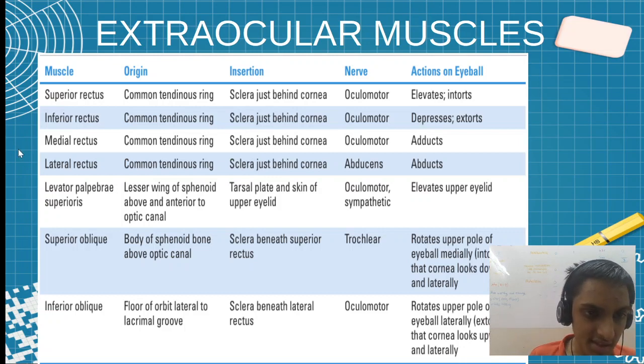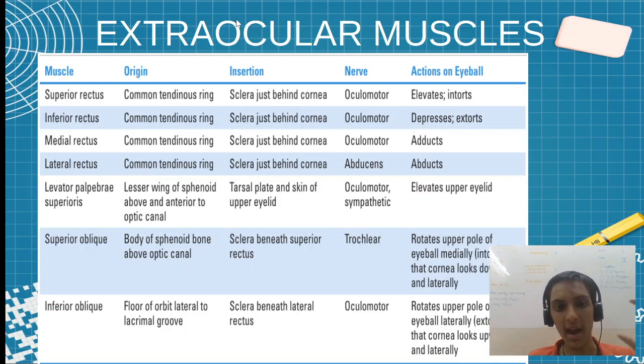They will insert only into one point, that is sclera behind the cornea. I repeat, all the recti muscles coming from Zinn's ring will insert into the sclera behind the cornea.